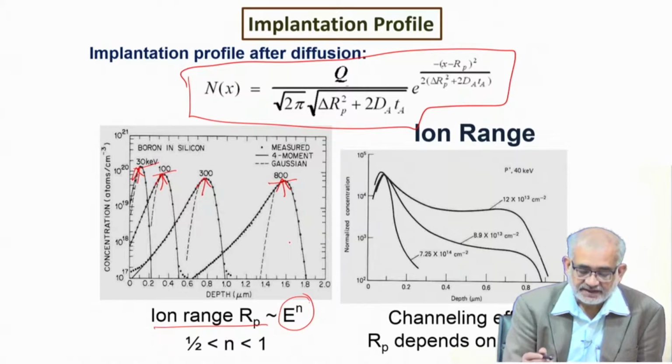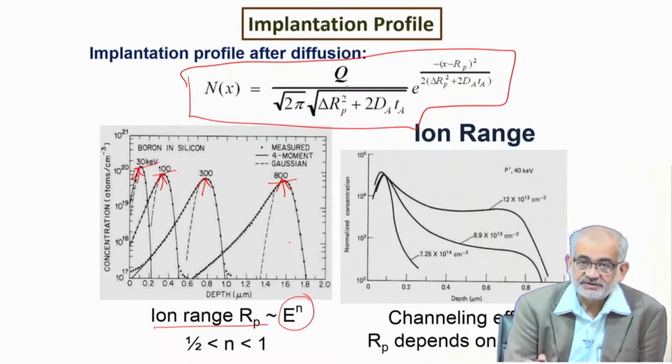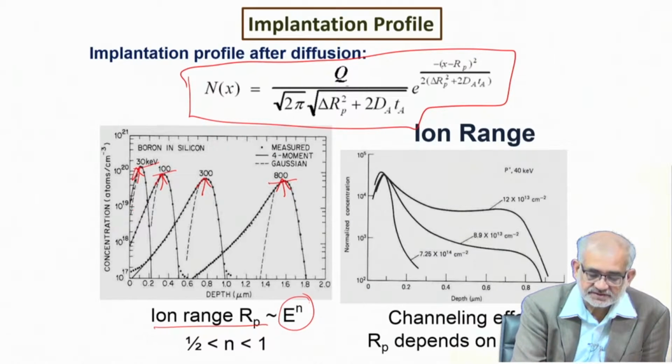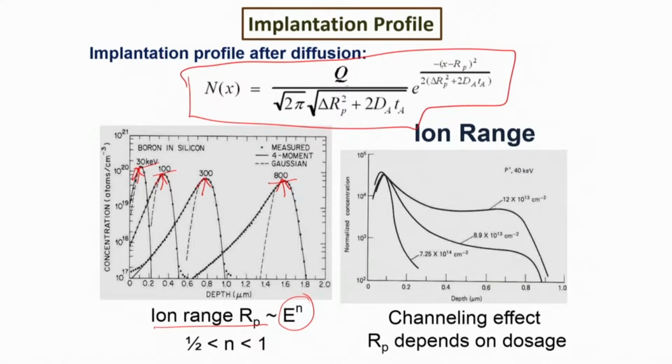So the higher the acceleration voltage, the larger the depth at which the peak concentration will occur. What is also interesting is that usually all these peaks, particularly at lower acceleration voltage, are Gaussian and nearly coincide with the measured distribution. But when you go to very high voltage like 80 kV, the ideal Gaussian profile would be somewhat like this, but the experimentally measured profile will lag and be different.